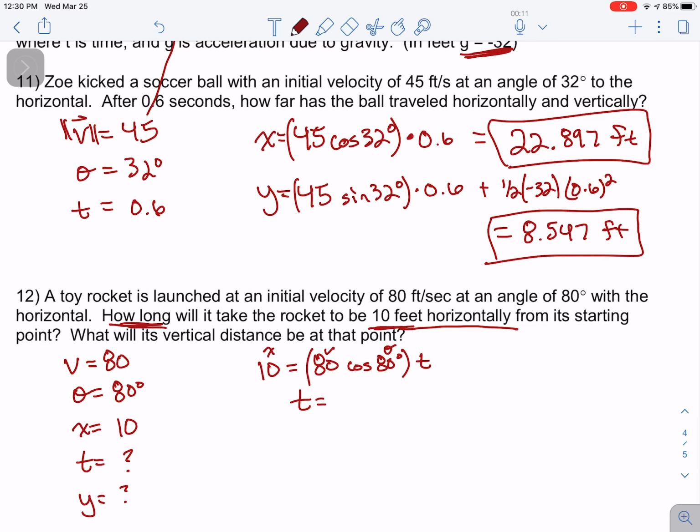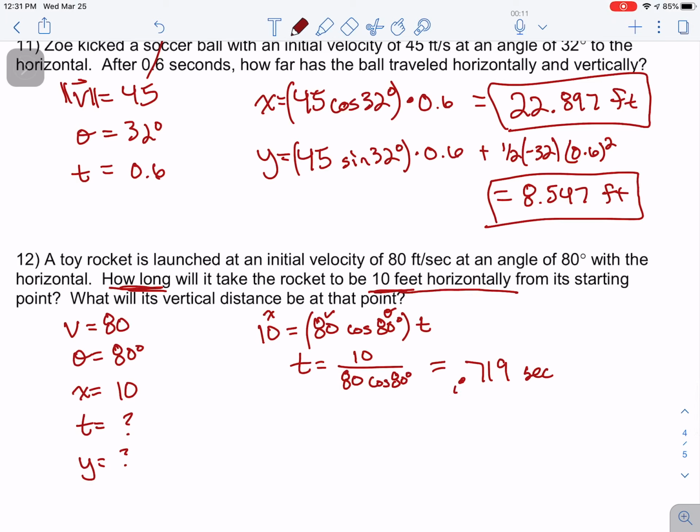So t is just going to be 10 over 80 times cosine of 80 degrees, which, well, you need to type that into your handy dandy calculator. That shouldn't be a 2, there's a poorly drawn degree sign. It should be 0.719 seconds.